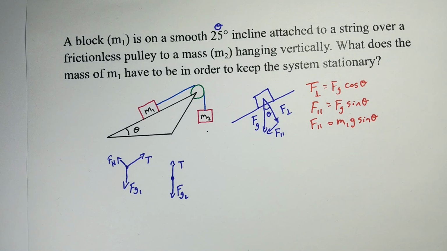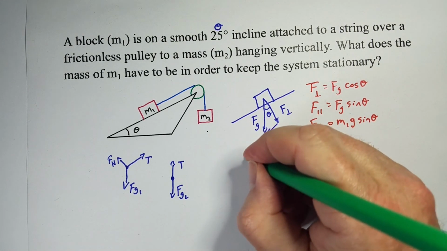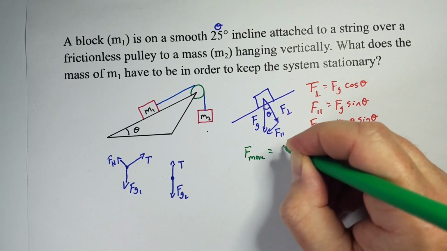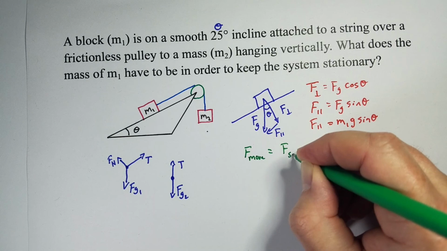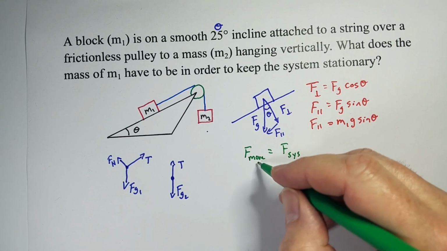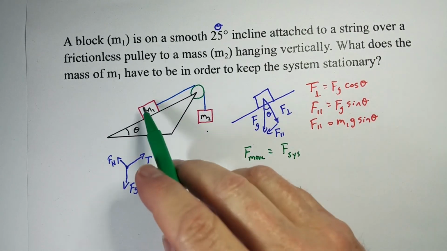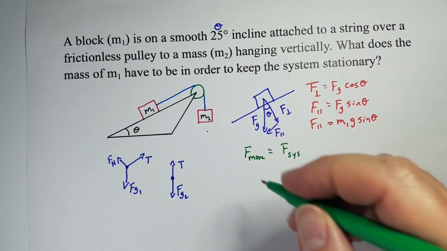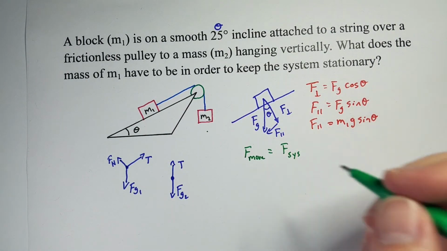If we're doing my Atwood problem, I'll still do the same method. The forces that are affecting movement are equal to the force on the system. What's affecting the motion is the weight of this one and the weight of that one parallel to the incline.